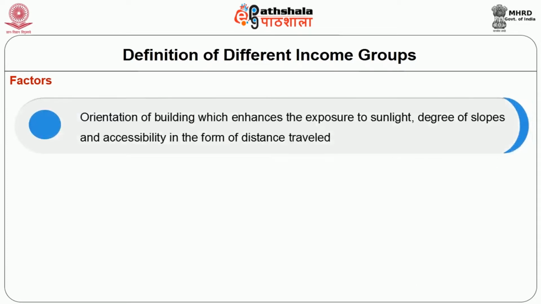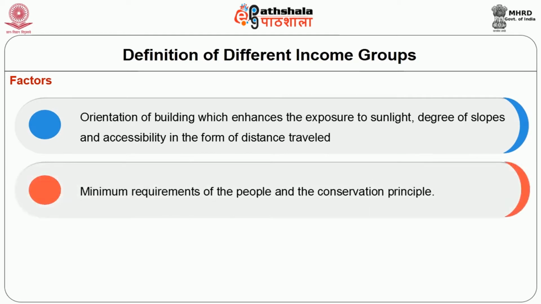Irrespective of different income groups, the following are the main factors that should be considered in the construction of a dwelling unit. Orientation of building, which enhances the exposure to sunlight, degree of slopes and accessibility in the form of distance travelled. Second is the minimum requirements of the people and conservation principle.